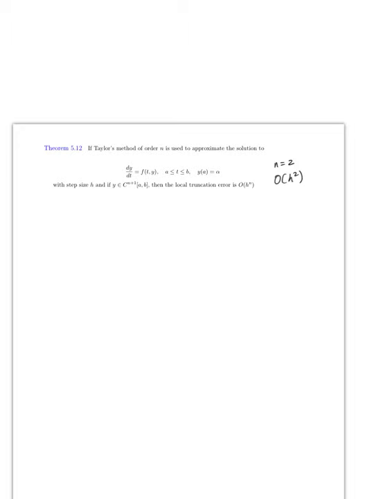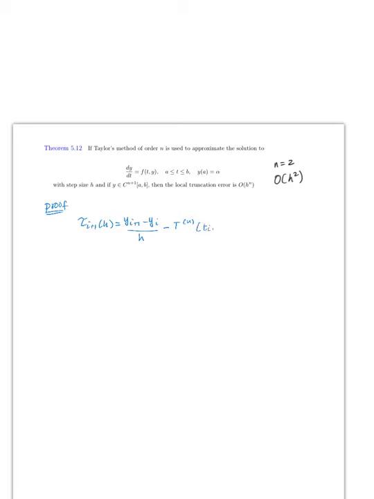Now the proof is actually not that hard. I'm just going to give a sketch, and you should go over the proof by yourselves. If you notice, by definition, the truncation error, this is what we did at the beginning of the class, by definition is equal to this. This is the difference method.